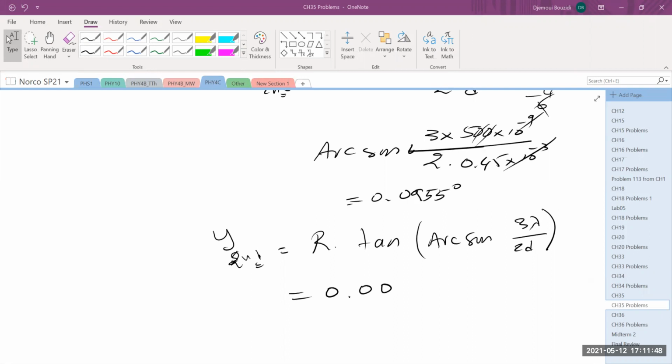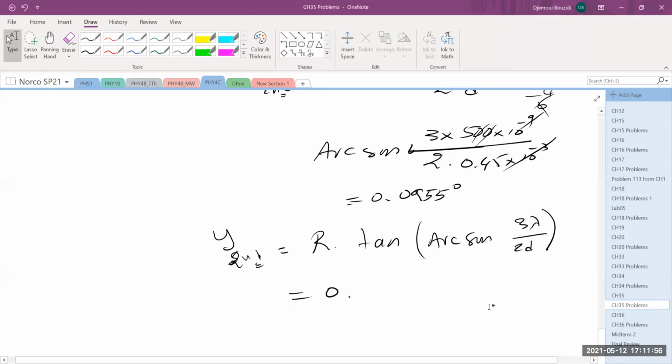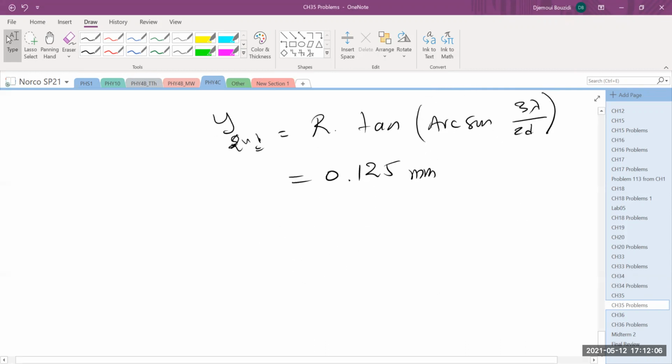So it's not even a full, so 0.125 millimeter. Well, that's how far it is. It's not too far, because the distance is actually small. R is 75 centimeters. So now we need to find the y third.